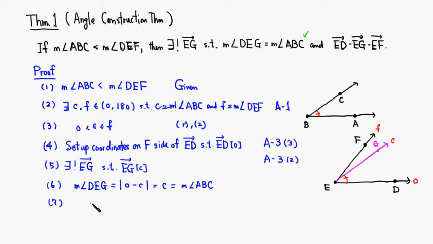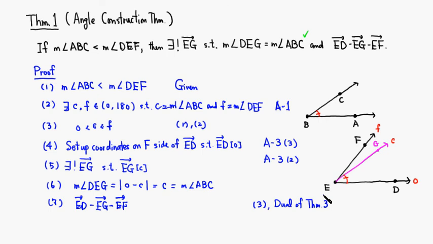So ray EG is between ray ED and ray EF. And this comes from line number 3, because the coordinates have the betweenness, and also this is the dual of theorem 3.